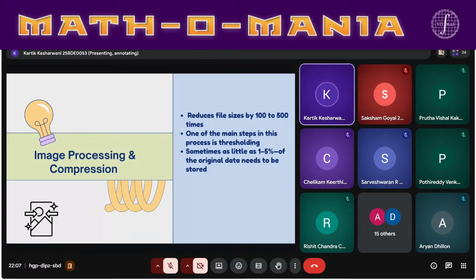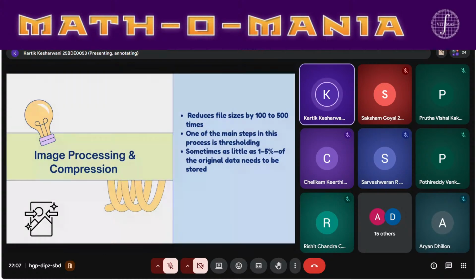Compression techniques take advantage of this by selectively preserving the most significant components and discarding or reducing the rest. One of the main steps in this process is thresholding, where only the largest and the most important frequency components are retained, and the smaller ones are set to zero.